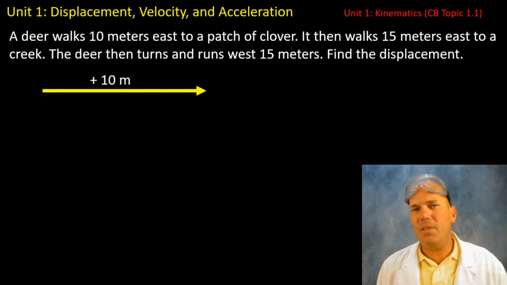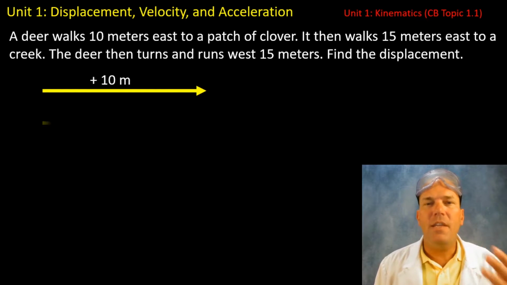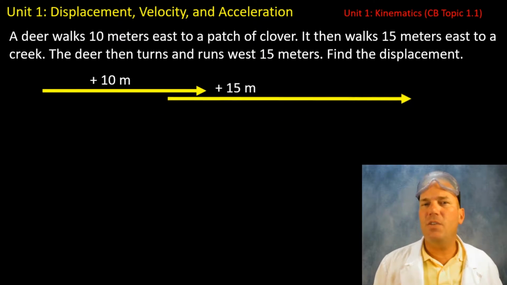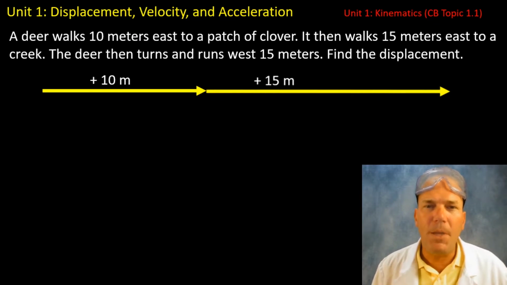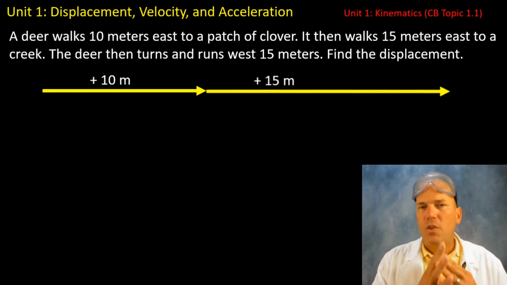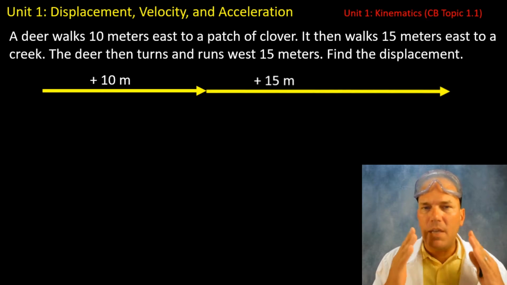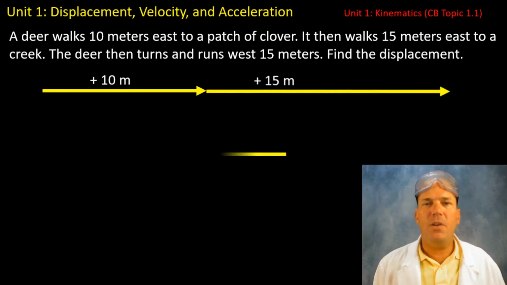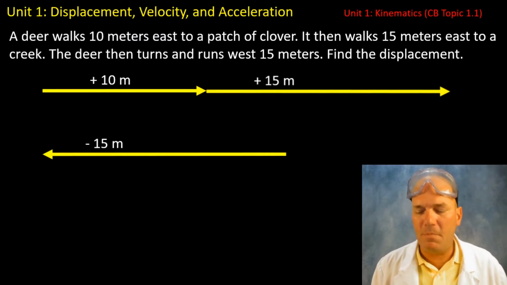Another concept discussed in Unit 0. Let's use tip-to-tail vector addition and align these two vectors, and it becomes apparent that as of this moment, the deer's total change in position is positive 25 meters. However, it turns and moves back west 15 meters.